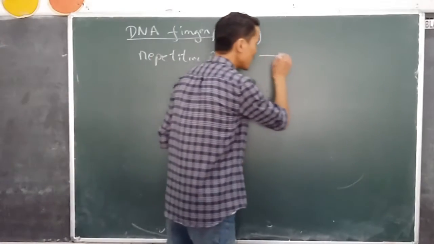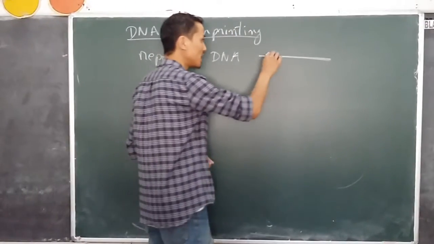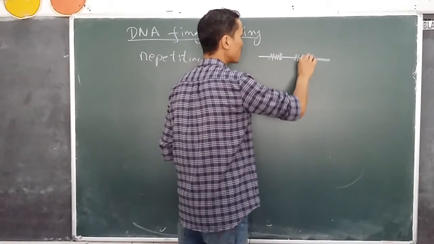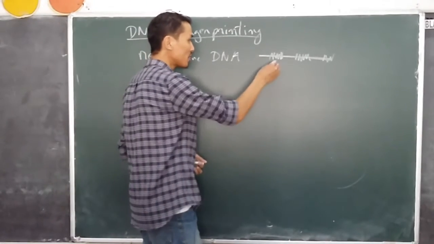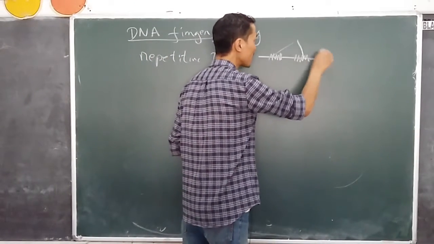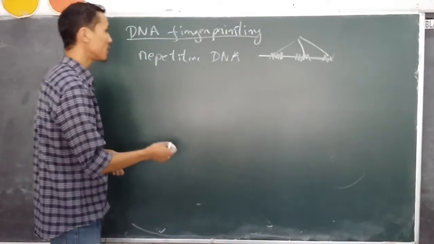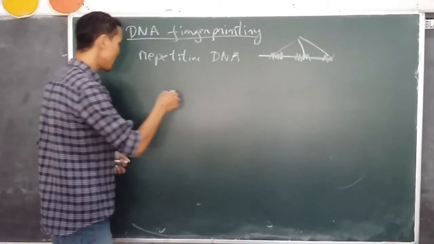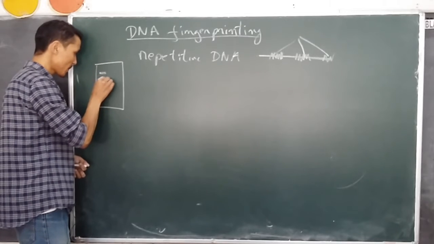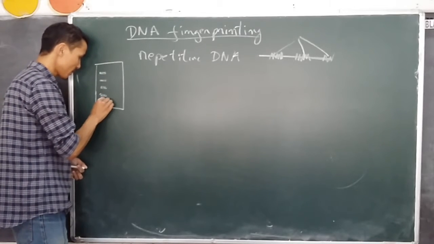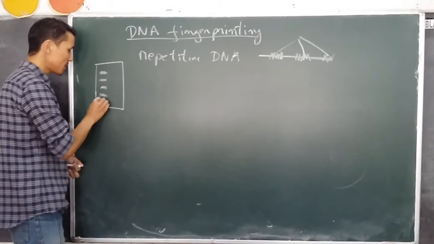Now, not all of the DNA codes for proteins. Some of this DNA does not code for anything, if you remember introns and exons. Now what happens is, repetitive DNA is unique for each individual. Generally in DNA fingerprinting, this repetitive DNA creates different bands.